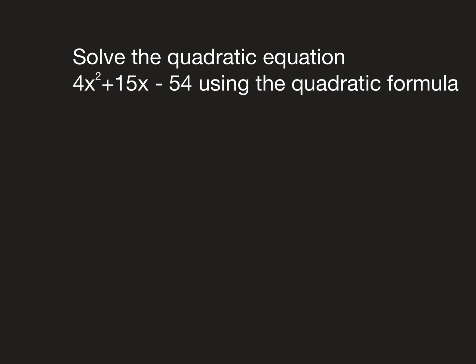So if you have 4x squared plus 15x minus 54, a quadratic equation will always be equal to 0. So the two answers that I have for x, if I substitute them into the place where I have x, then I am supposed to have 0.